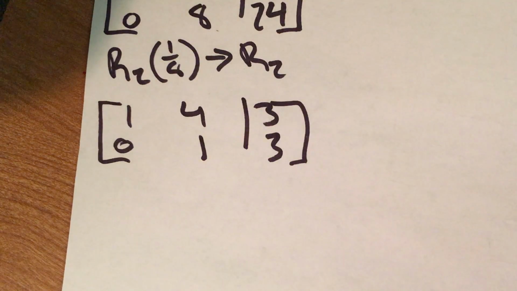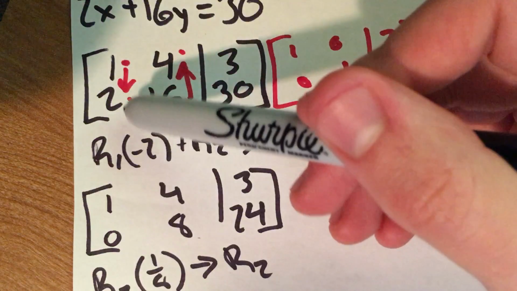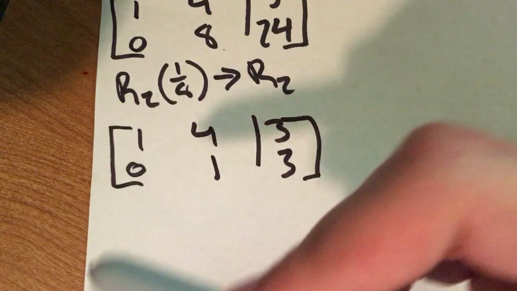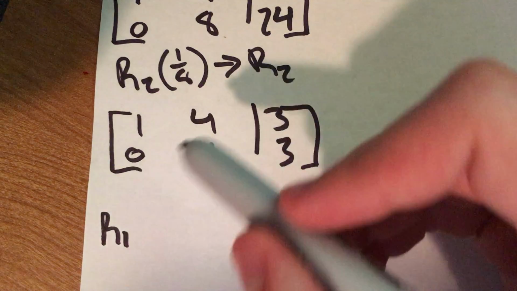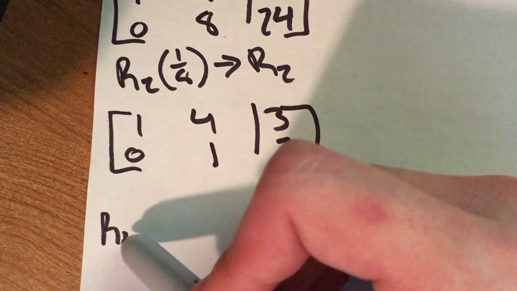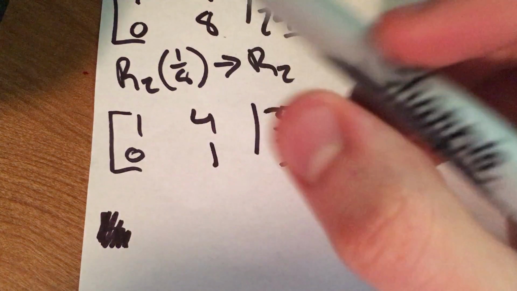How do we get that? We're going to do a similar kind of move as we did to get rid of the 2, actually. Oh, I don't know why I wrote row 1, excuse me.